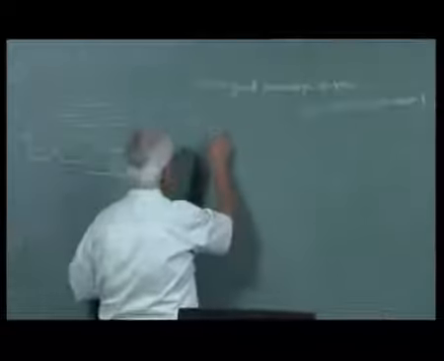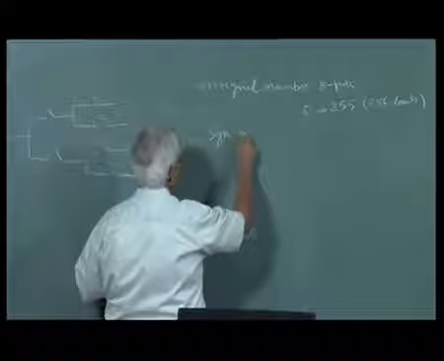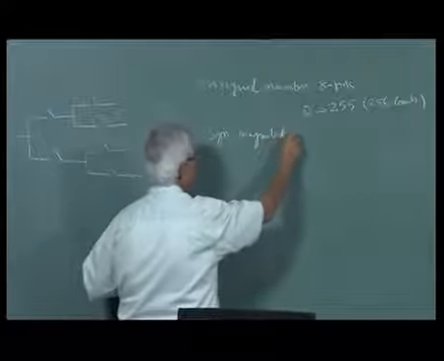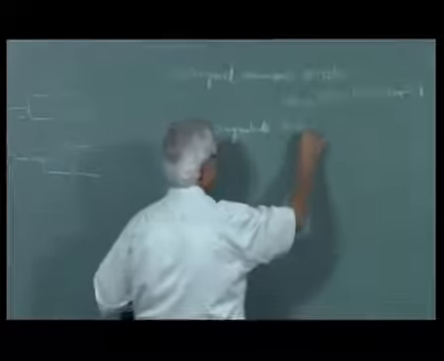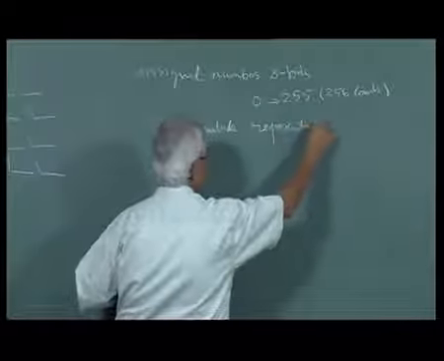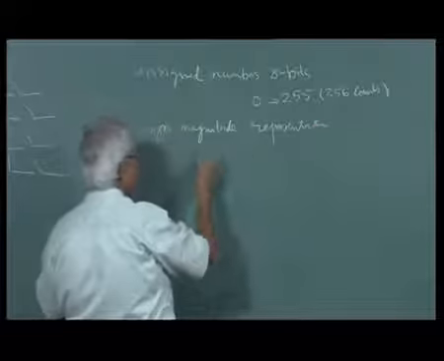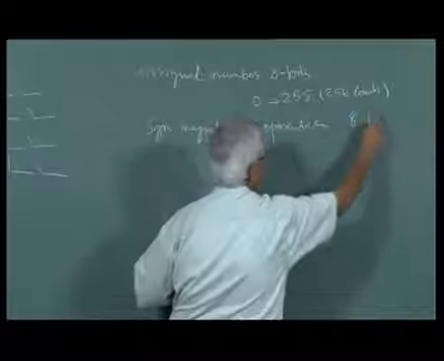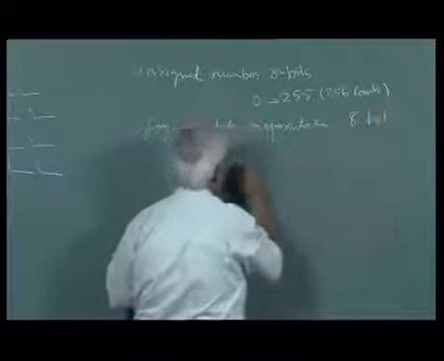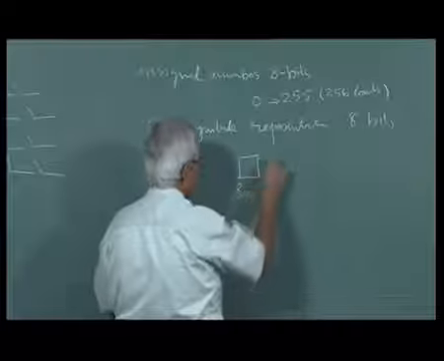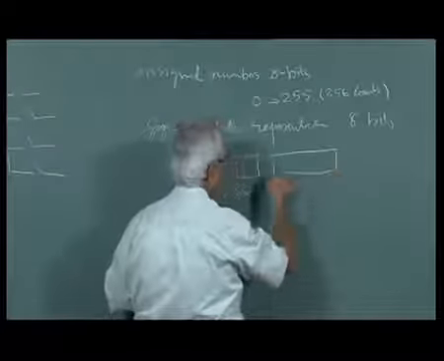Next is sign magnitude representation. Out of the number of bits, suppose again I have 8 bits. One bit goes for sign and 7 bits go for magnitude.